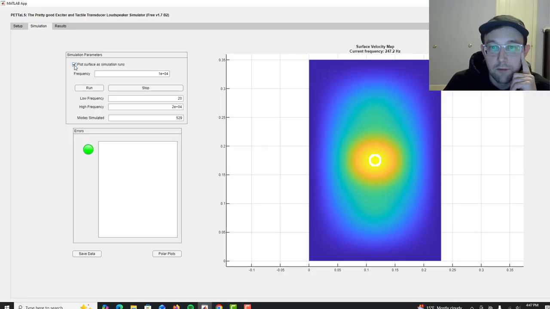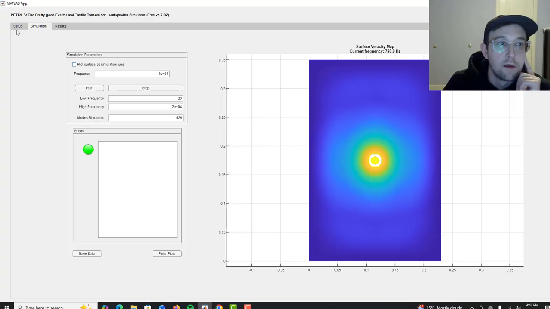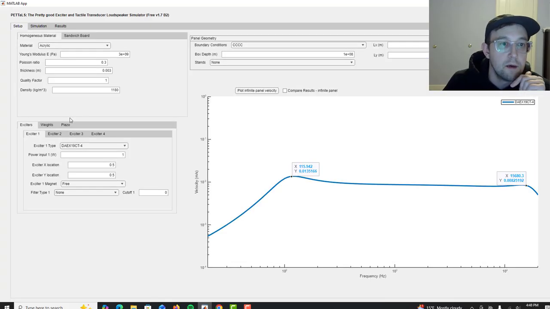But theoretically, a good loudspeaker, but also theoretically a total waste of space, because at this point, why not just use a normal cone driver that has the same piston motion but doesn't take up as much space? Yeah. Okay, cool.